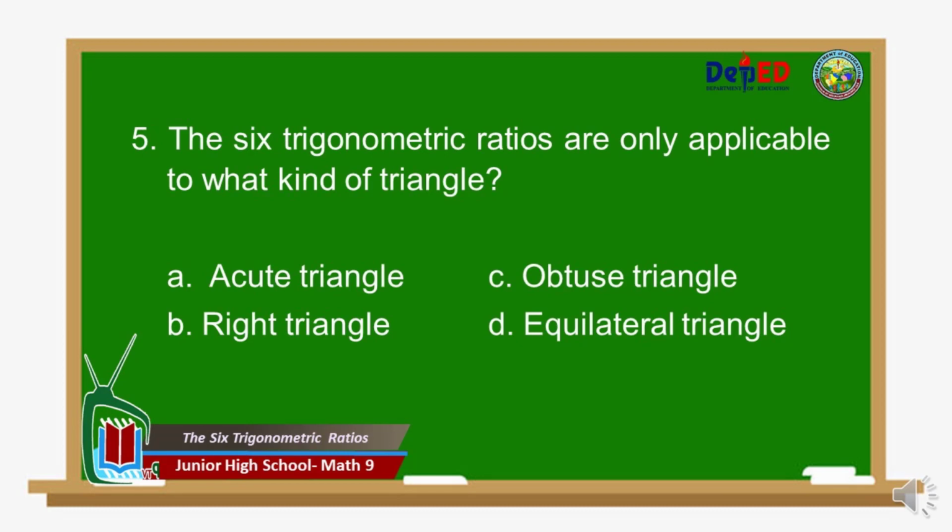Number 5. The 6 trigonometric ratios are only applicable to what kind of triangle? A. Acute triangle. B. Right triangle. C. Obtuse triangle. Or D. Equilateral triangle.